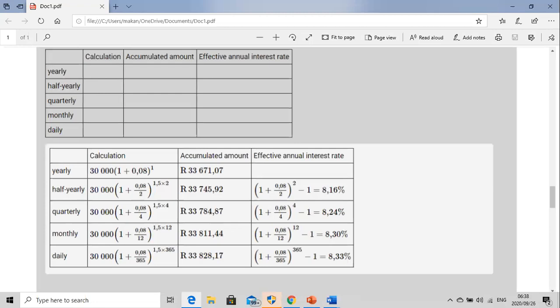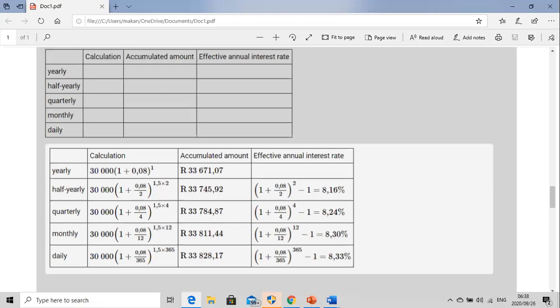So there's a huge difference there between the first accumulation and the last accumulation. The last accumulation, as you can tell, is 33,828 rands and 17 cents.